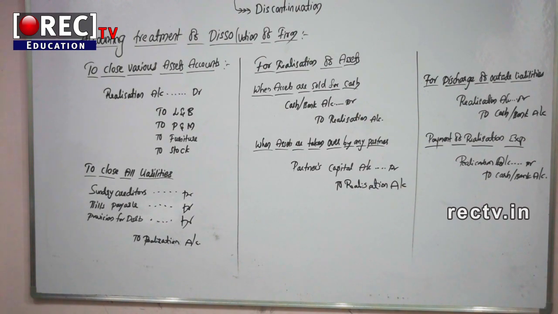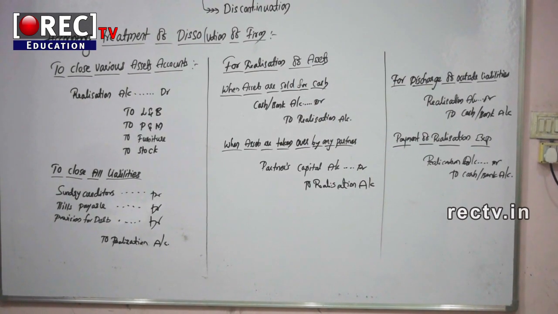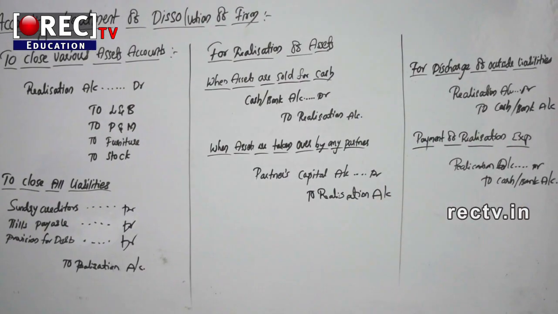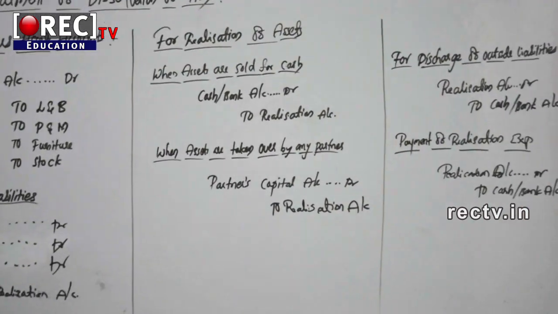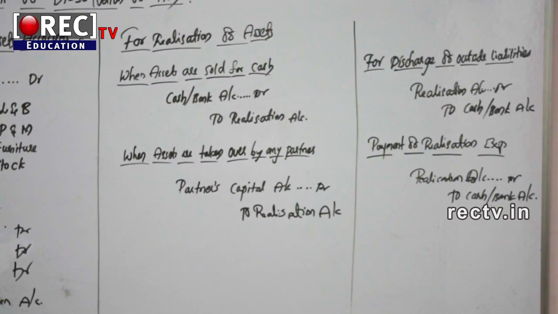And when you are discharging outside liabilities, what is the normal entry? That is, sundry creditors or whatever liability you are going to discharge, that account will appear on the debit side. But in this situation the realization account is appearing on the debit side.